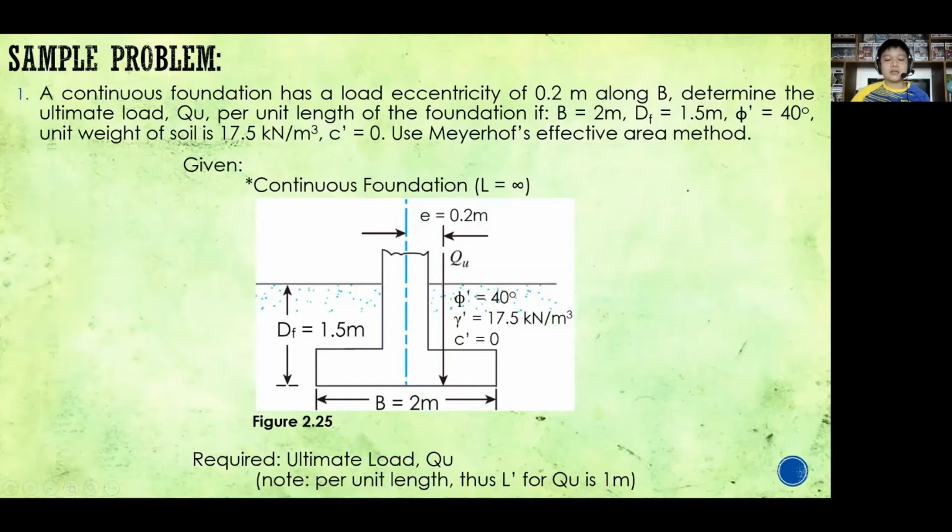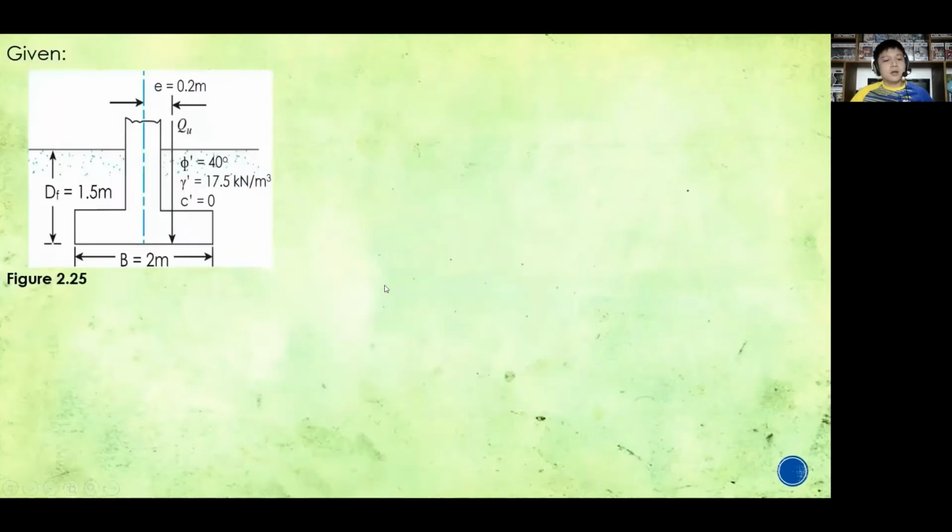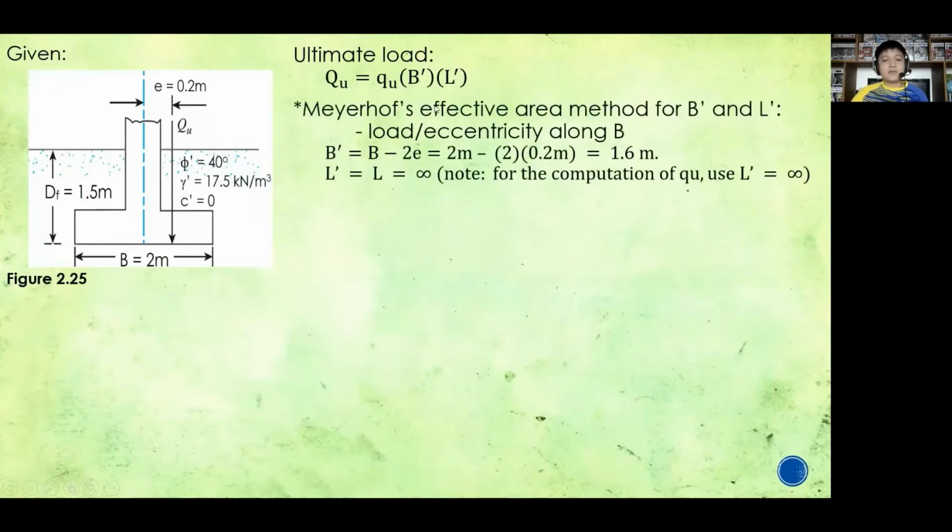But if that is under the force, then we will assume a unit length. So for our process, the ultimate load is equal to QU times B prime times L prime. Under Meyerhof's effective area method for B prime and L prime, the eccentricity is along B, along the width B.